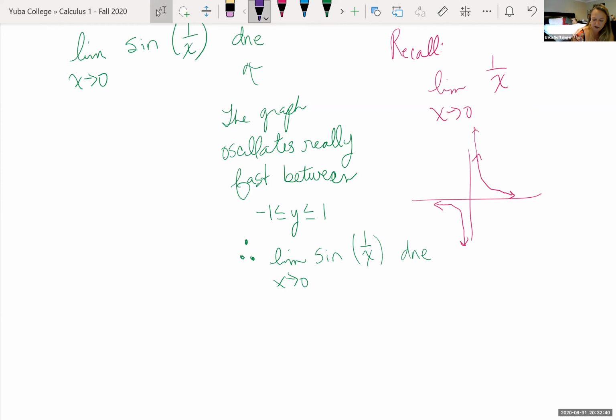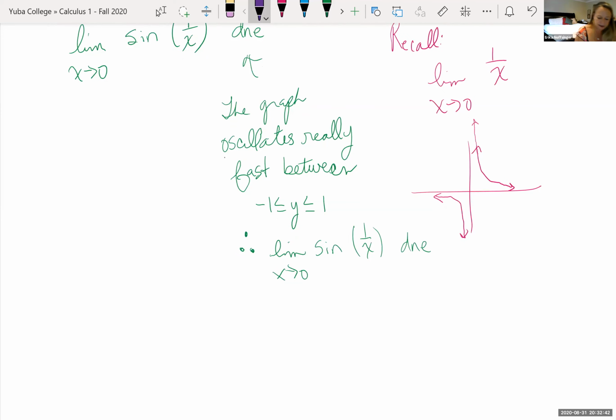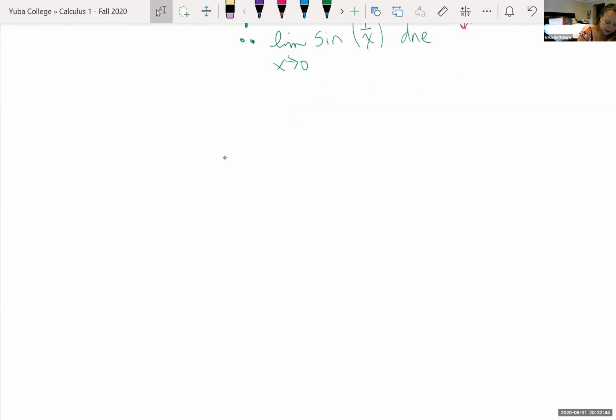Okay, but then we also looked at the limit as x approaches 0, a little bit different form, sine of, and I'm just going to do it generically, a of x all over a of x is equal to 1.